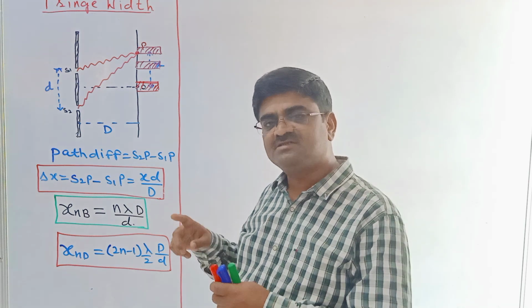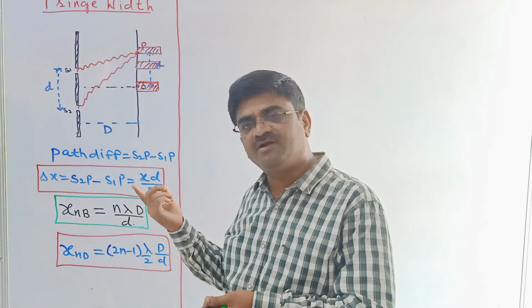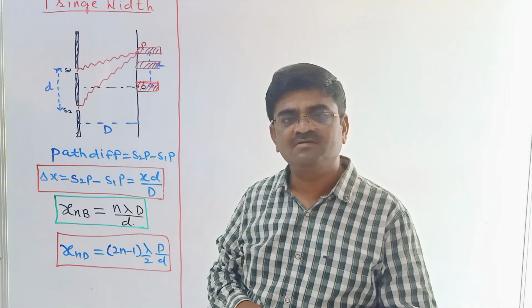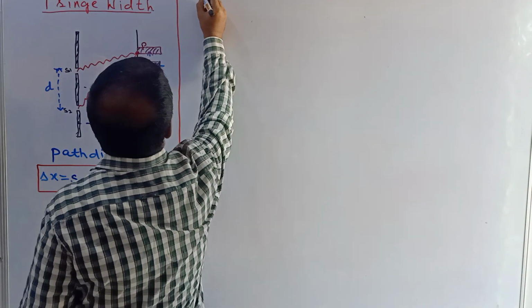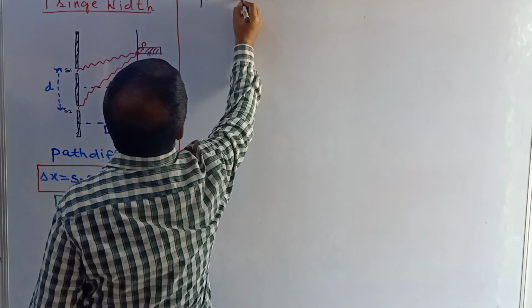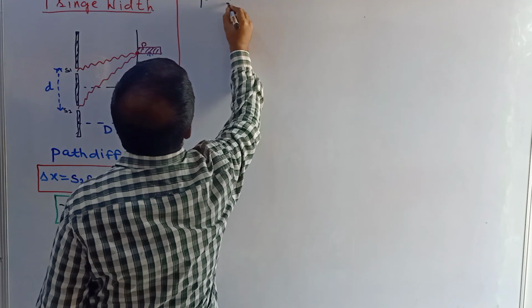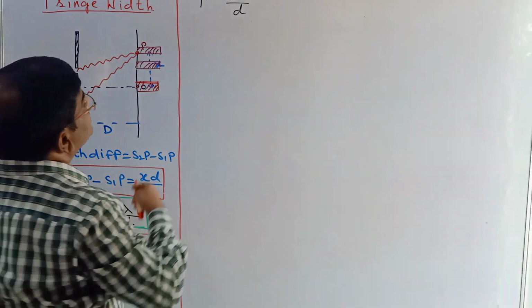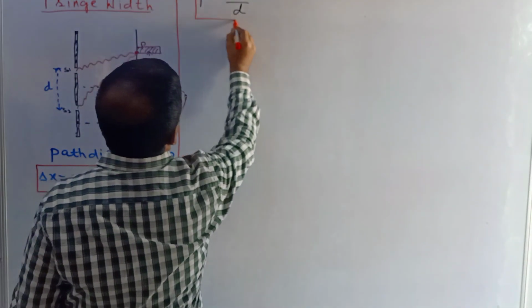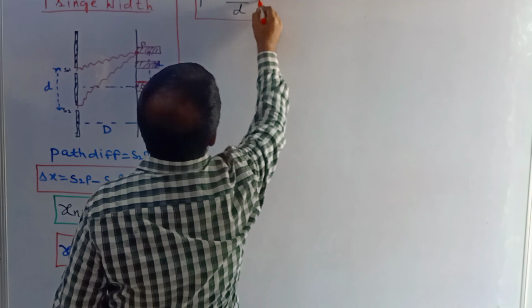By getting a separation between consecutive bright, the width of dark. If you do that, you get the width in the interference pattern given by the expression. You have derived that. What I need to remember here is this expression. This is the expression for fringe width.